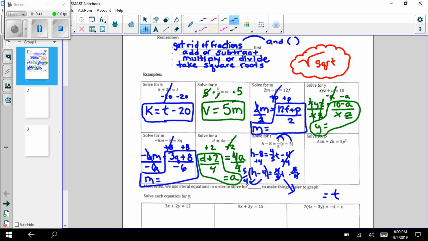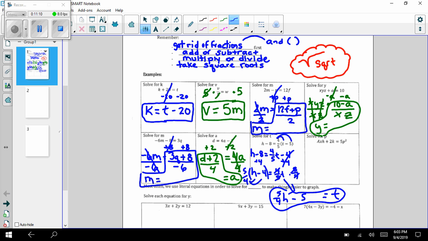So I distribute the 5/4 to the h and the 5/4 to the -4. And when we do that, I distribute down here 5/4 h, and 5/4 times -4 is -5, and then that equals t. That was a tricky one. I hope you can read my handwriting.